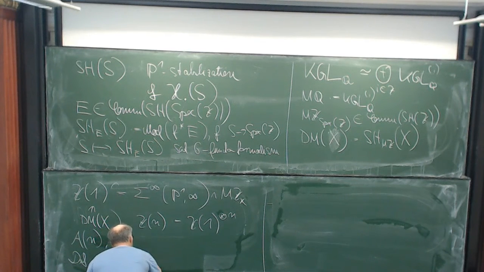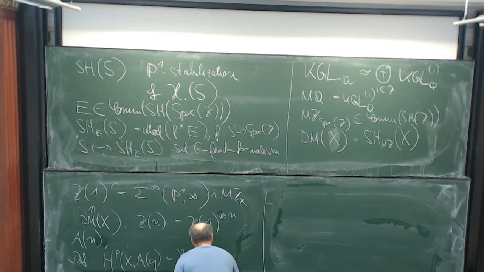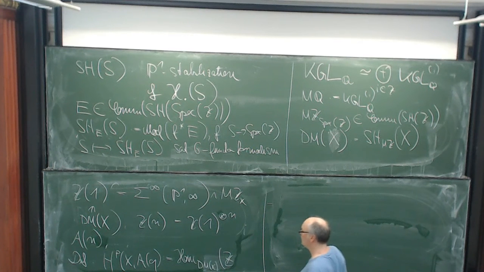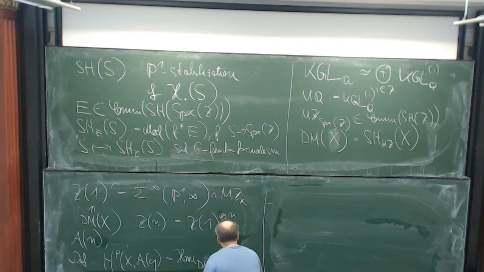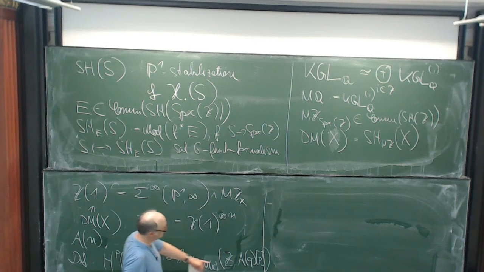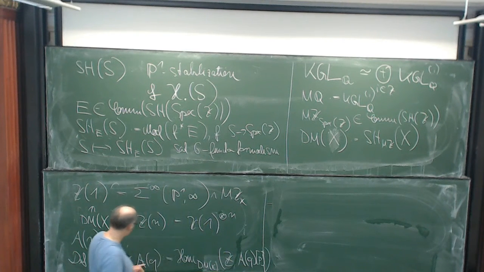H_P of X with coefficients A of Q is defined to be the homomorphisms in the category of motives of X from the tensor unit to A of Q shifted by P. So this homological index P corresponds to the usual shift, so to say, and Q is the Tate twist, which we denote here.